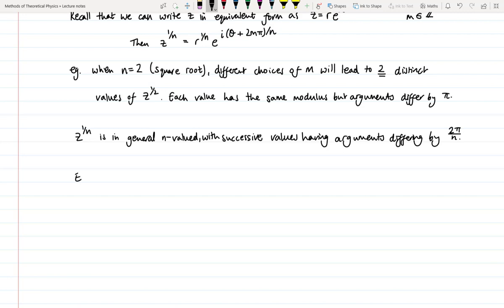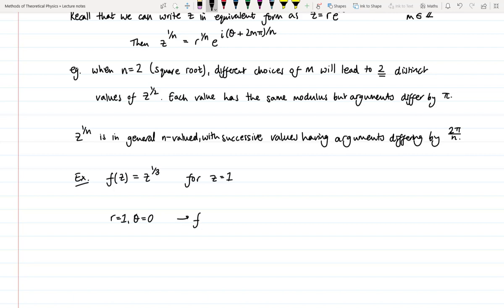So let's consider f of z is the cube root of z. And let's say that z equals 1. Okay, so we can write z in modulus argument form with r equal to 1 and theta equal to 0, because it lies along the real axis.